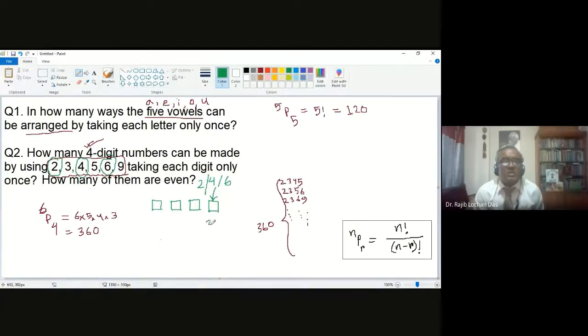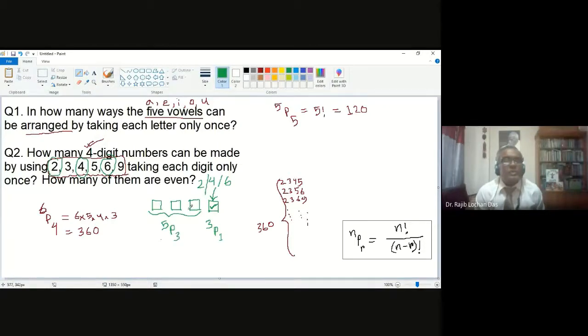This is 3P1, because you are taking one number here and you have 3 options. Then the other 3 places will be filled up. So you change the serial: fill up the last place first, and then move to the other 3 places. How many ways can the other 3 places be filled up? That will be 5P3.